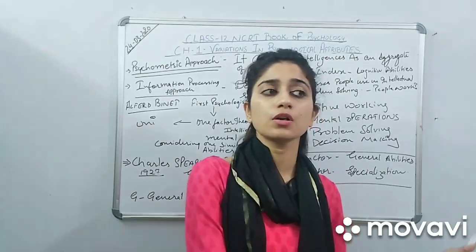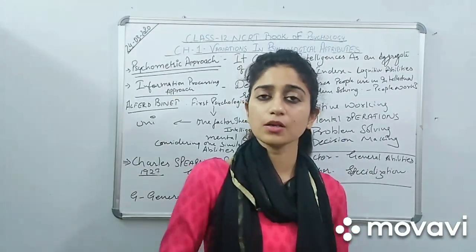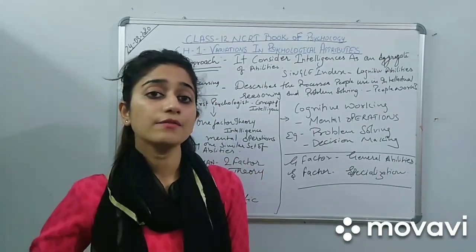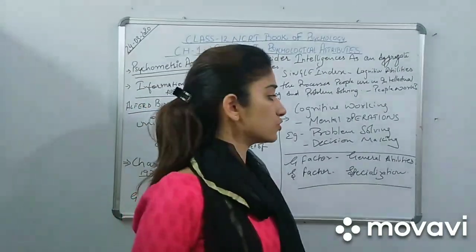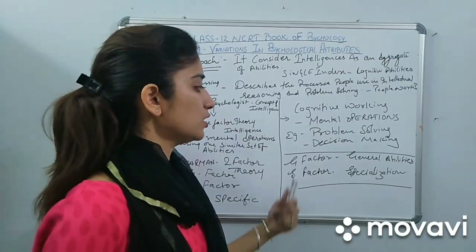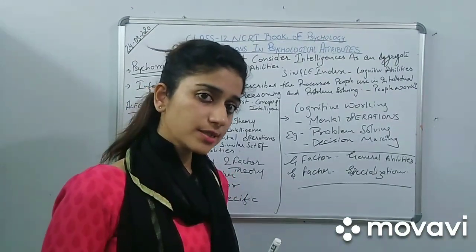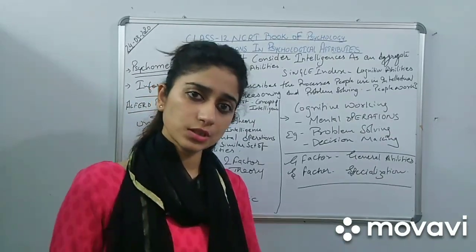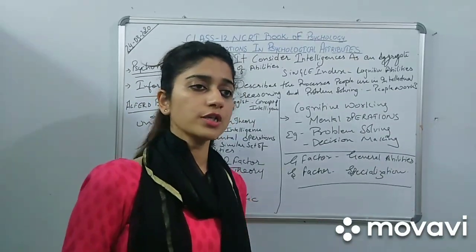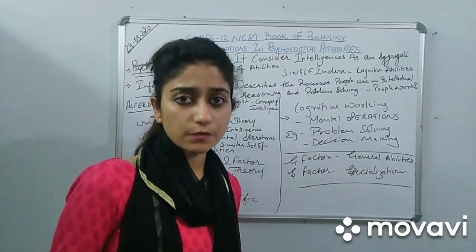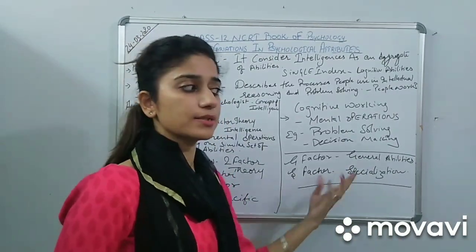You may go to a hospital as a clinical psychologist, or to a school as a school counselor. That will be your specialization. So this is the example of the G factor and S factor, where we take a base, study general knowledge, and then from that knowledge, whichever topic we like, we do the masters in that.